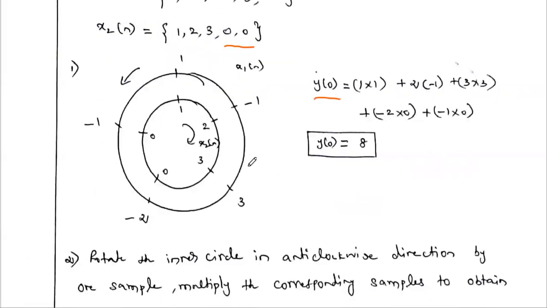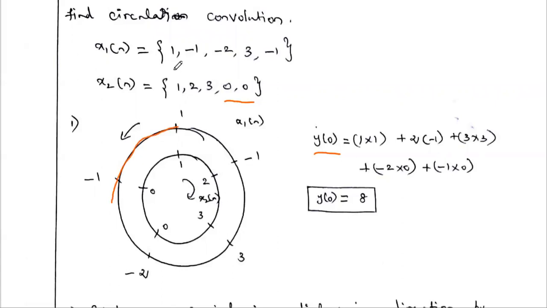So what is the first step? We have to draw the outer circle, and divide this outer circle into equal positions. By how many? In x1 of n there are 5 samples, so we have to divide our outer circle into 5 positions: position 1, position 2, position 3, position 4 and position 5.